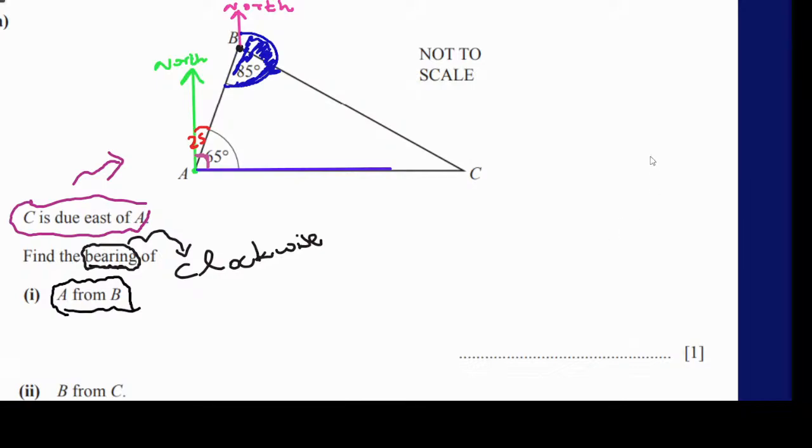Quite easy. What we do is we see that there's a north here, the green north, and there's another north here which is drawn in pink. Both of these norths are parallel to each other. So when the lines are parallel, what do we know about co-interior angles? Now, what are co-interior angles? Look at the diagram that I'm drawing on the side here.